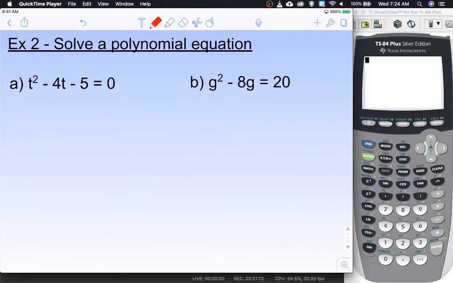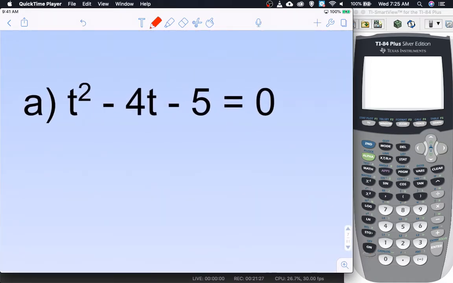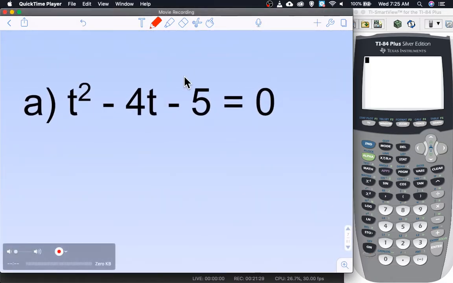All right, now let's extend this from factoring to solving. So this is going to be that zero product property that we were looking at the other lesson. The way that this works is we're going to, first off, have our equation set equal to 0, like we were doing in the past.